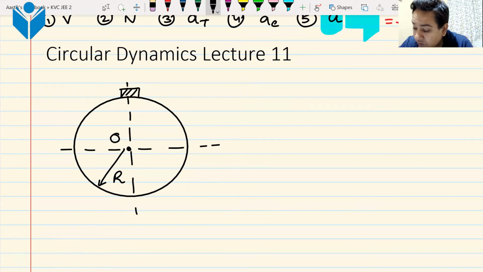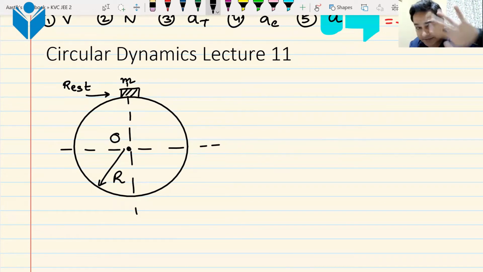See, we are doing only one particular case where this block is at rest. Remember, I can make different questions by changing the value of the velocity at the highest point. I can make it 2 meter per second. It becomes a different question. I can make it 4 meter per second. It becomes a different question. But the basic concept remains same.